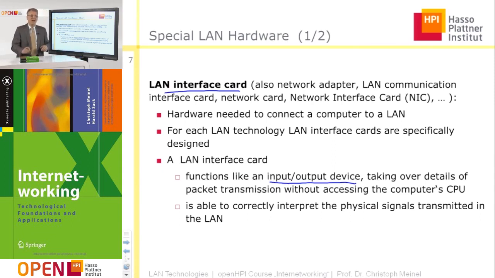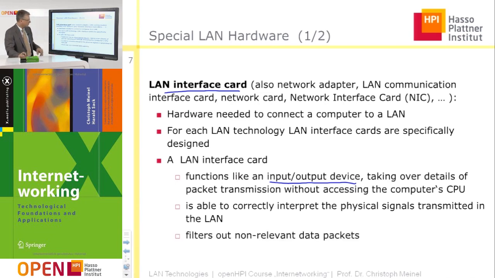So it is a task of the LAN interface to transform the physical signals into bits and bytes, and vice versa. We already discussed that in such a local area network, which is based on broadcasting of the data packets, the LAN interface card is responsible for filtering out the non-relevant data packets.